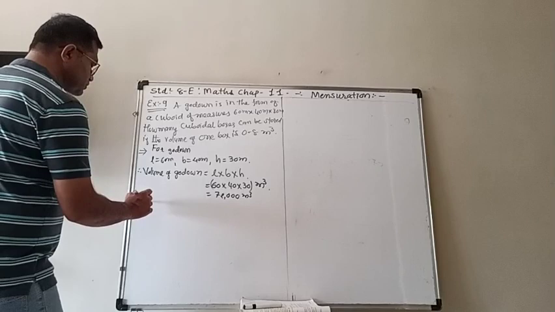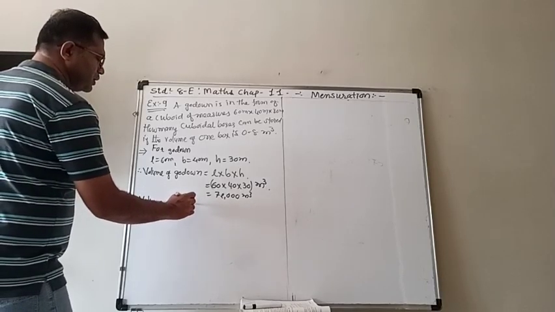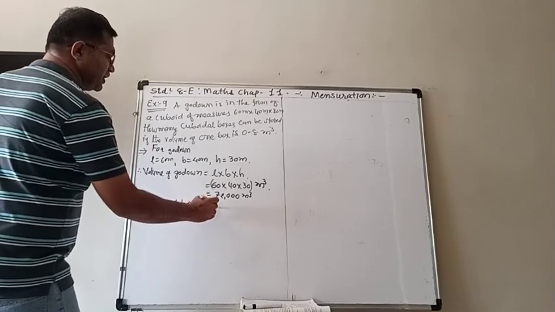So now volume of one box is given as 0.8 meter cube.